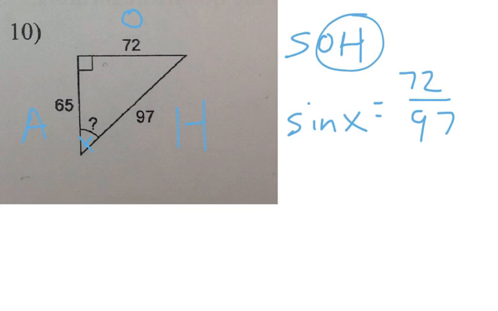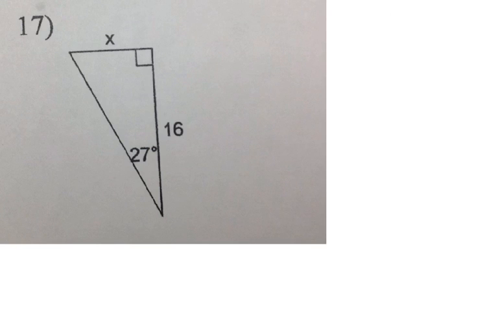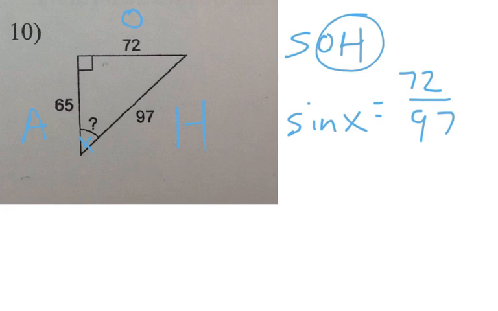And so again, I'm just going to do some calculator work here. I know 72 divided by 97 is 0.7422. So I know that the sine of x is 0.7422.